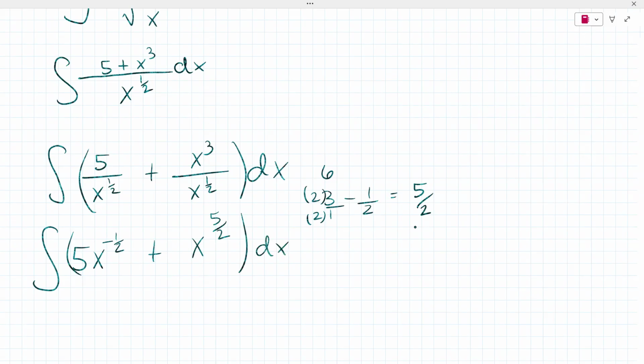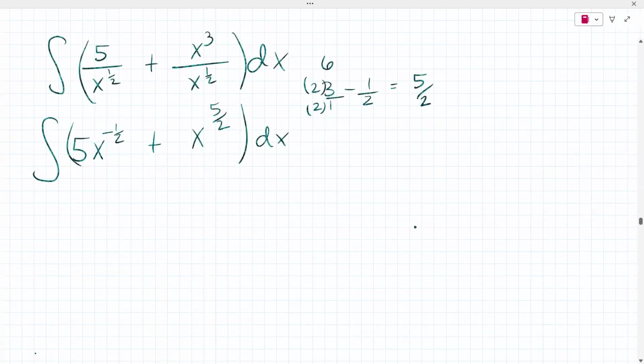And now we can just take the integration by using your power rule, your integration rule. So what's the integration of 5x to the -1/2? Well, that's going to be 5x and then old power plus 1, so -1/2 plus 1, or 2 over 2, over that power.